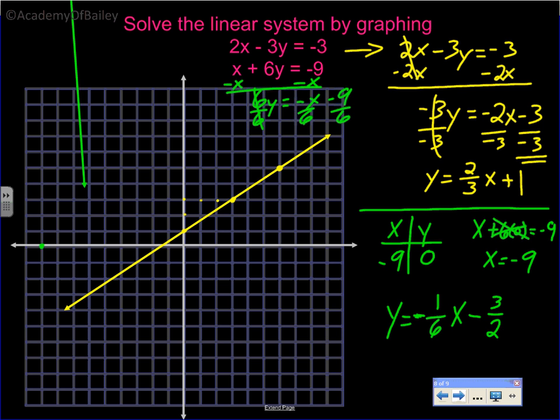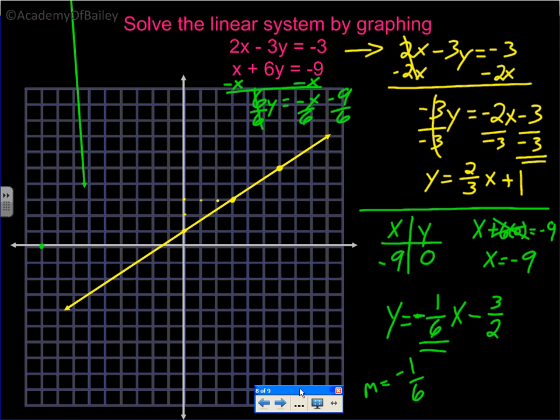So this is what we have, but more importantly, the slope. The slope is what we're looking for. The slope is going to be negative 1 over 6. The negative sign goes with the 1, or the negative sign could go with the 6. So this is where we're at. Now go back to that first point we put on there, negative 9, 0. From that point, we can still use the slope.